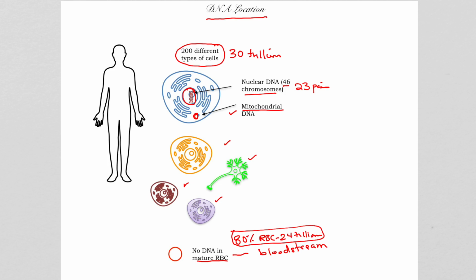By having DNA or organelles, these red blood cells would become very heavy, and that would be very difficult for our heart to pump all these red blood cells across our circulation.